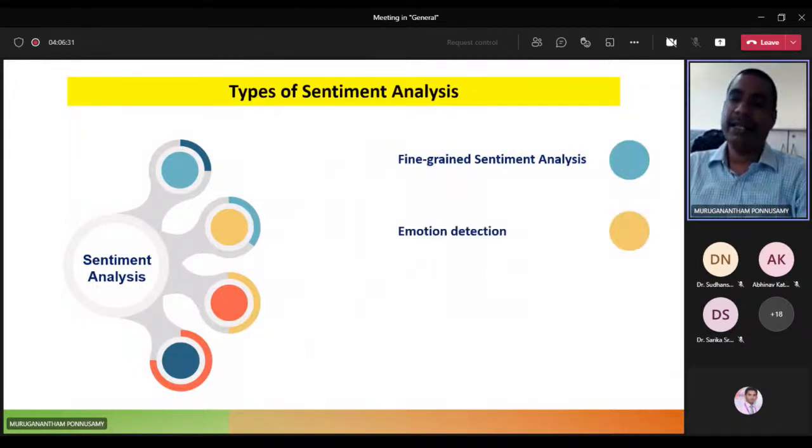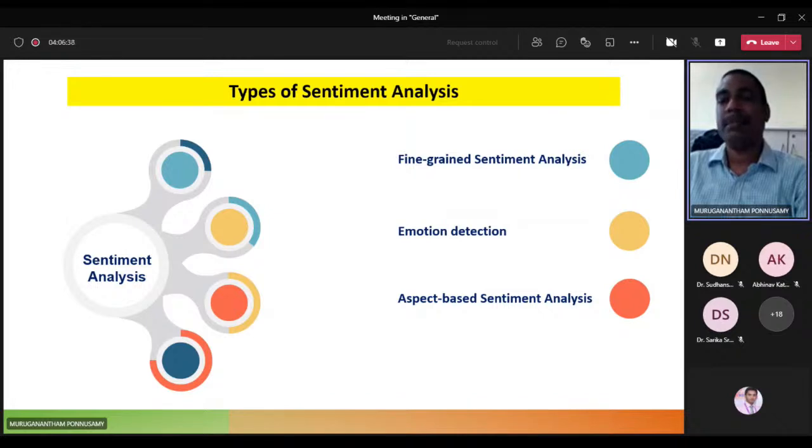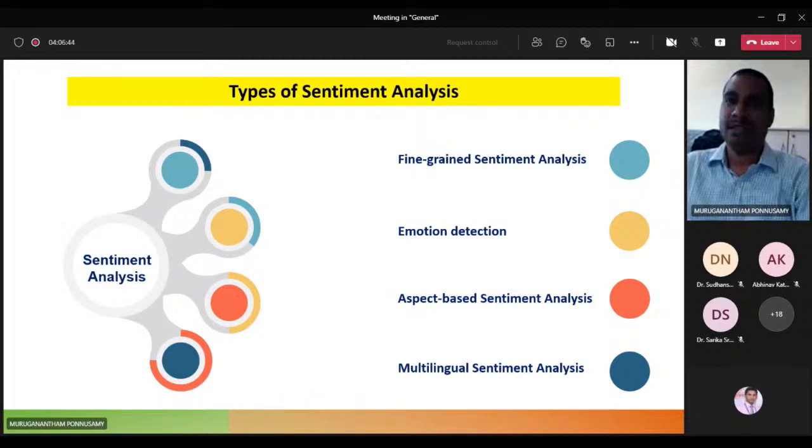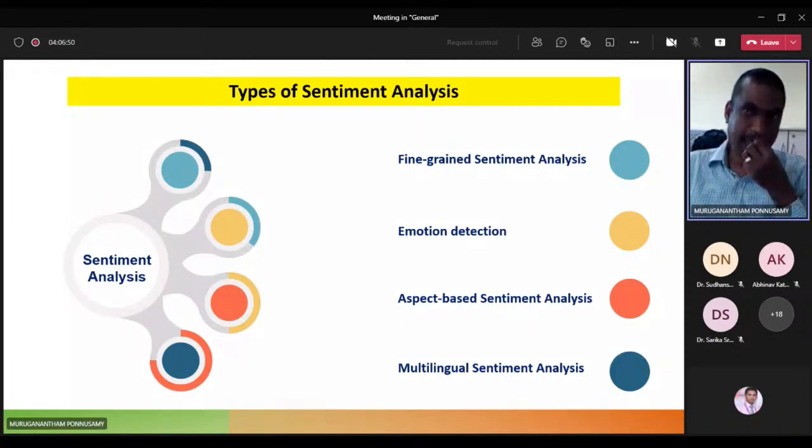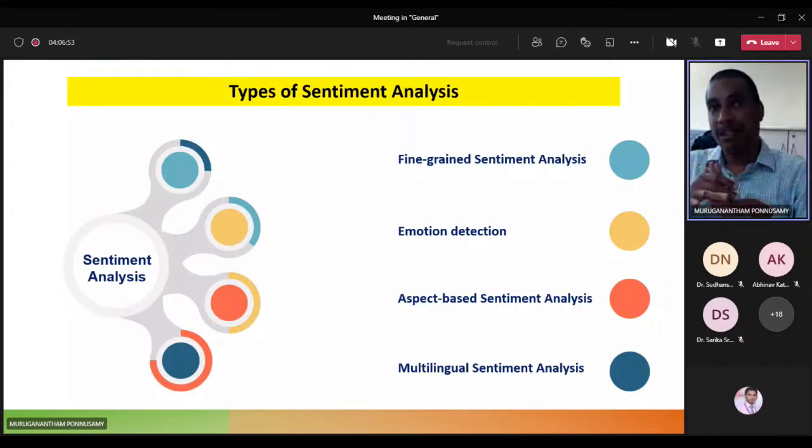For example, fine-grained sentiment analysis, emotion detection, aspect-based sentiment analysis, and multilingual sentiment analysis. When you say fine-grained sentiment analysis, generally it will be a 5-point scale, like very positive, positive, neutral, negative, very negative, right?